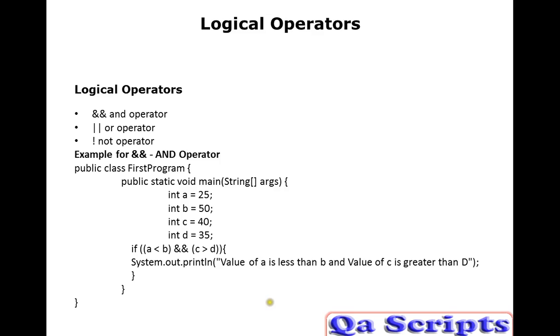The ampersand or AND operator works only when both are true. Both conditions you have placed inside the if must be true, then only it will allow you to go into the if block. If either of one is false, then it will not allow you to go inside the if.